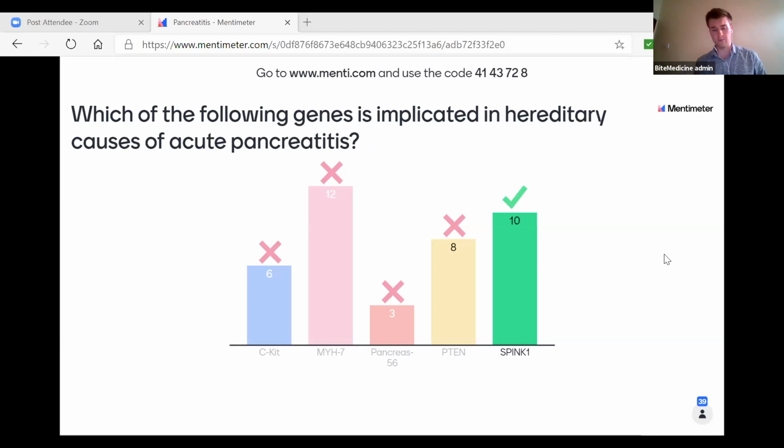It is a gene responsible for familial hypertrophic cardiomyopathy. Needless to say, I didn't get that question right in my exam. Pancreas 56, I made up. And P10 is an example of a phosphatase that works in cell signaling and is mutated in Cowden syndrome, which is a cancer predisposition syndrome.